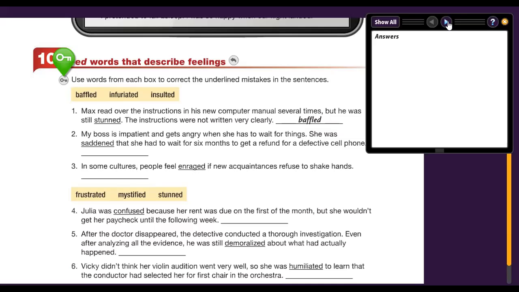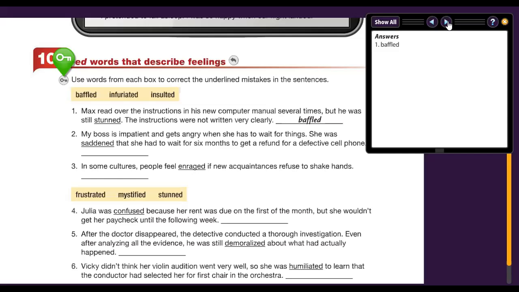Second. My boss is impatient and gets angry when she has to wait for things. She was saddened that she has to wait for 6 months to get a refund for a defective cell phone.